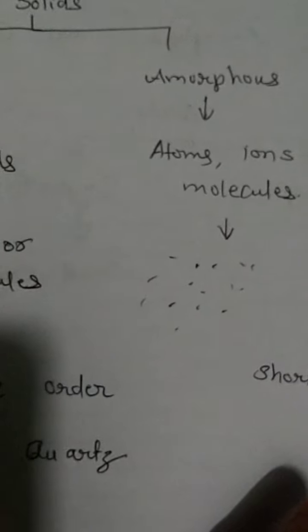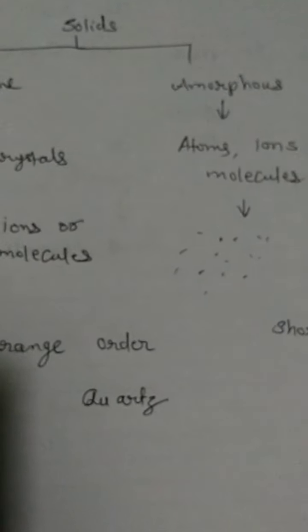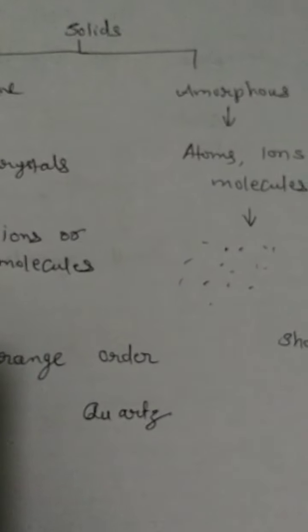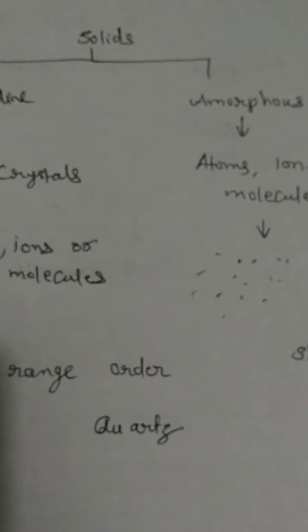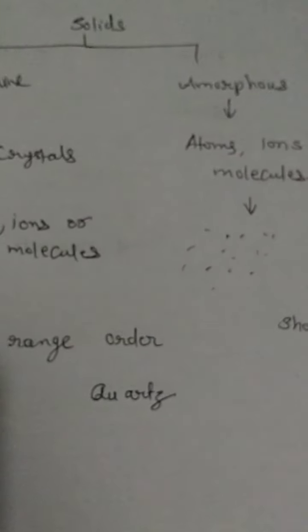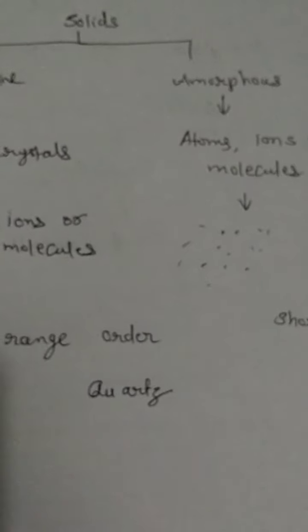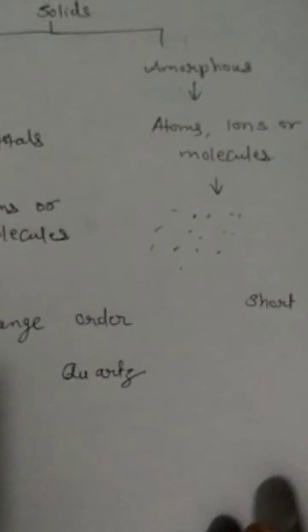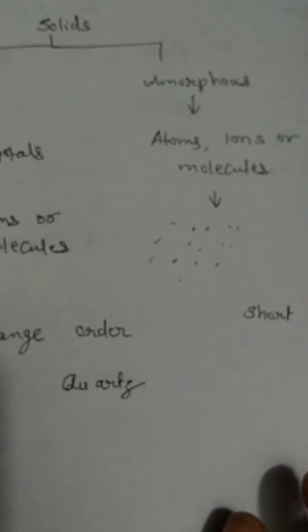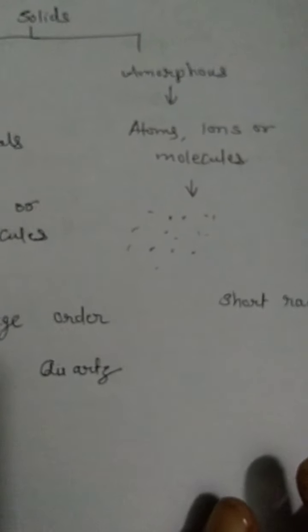So the arrangement of the constituent particles, once again I am repeating, constituent particles means atoms, molecules or ions. Got it? So in crystalline solids, long range order is present, while in amorphous solids, only short range order is present.